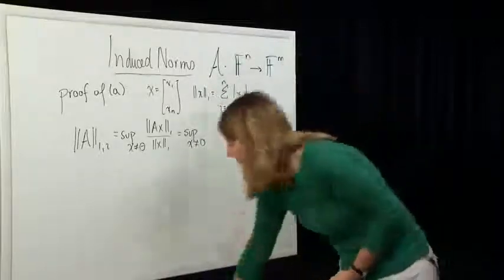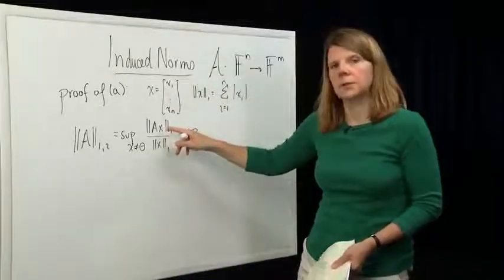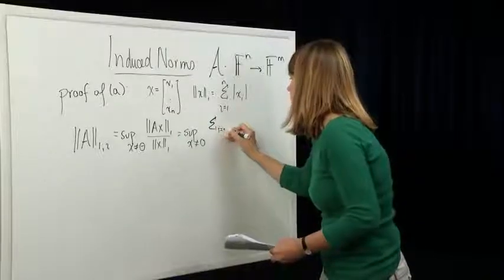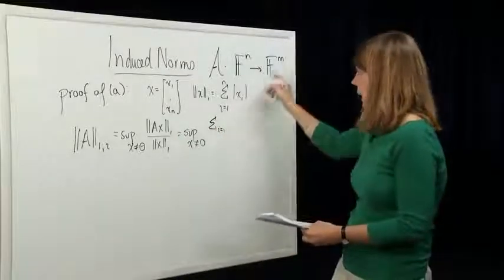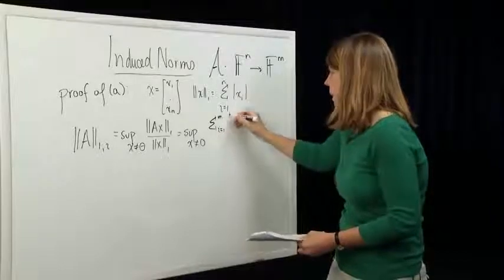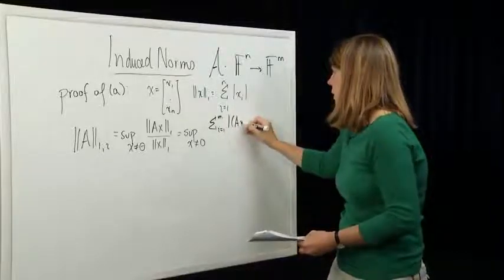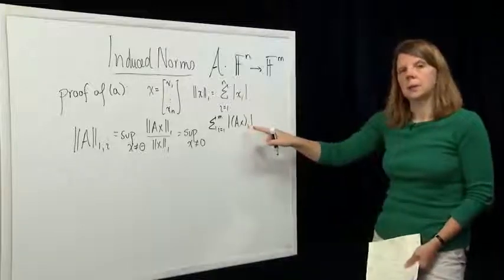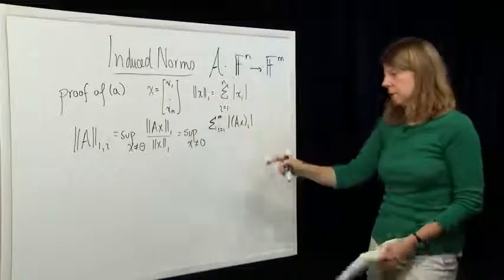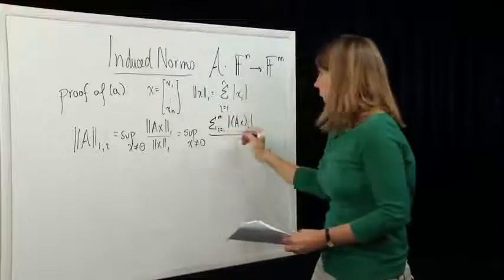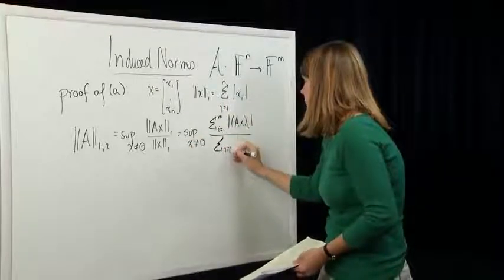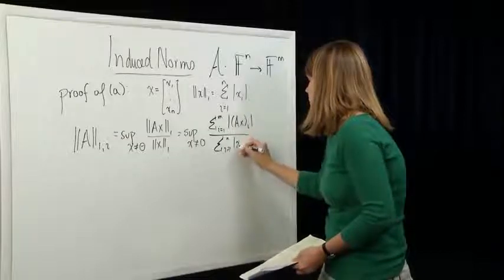Let's just think about the ith element of that matrix product. So it's the summation from i equals 1 to m, there's m of them, of the absolute value of (Ax)_i, and I'll use that to indicate the ith element of the vector Ax. And we'll divide it by the expression for the one norm of x. That's just the summation from i equals 1 to n of |xi|.